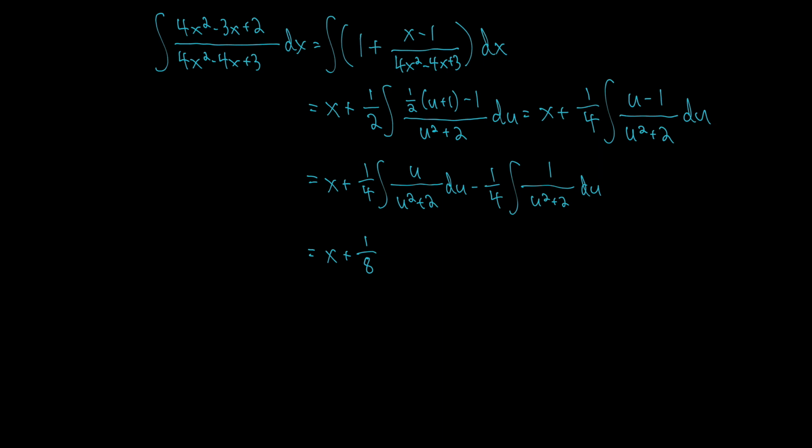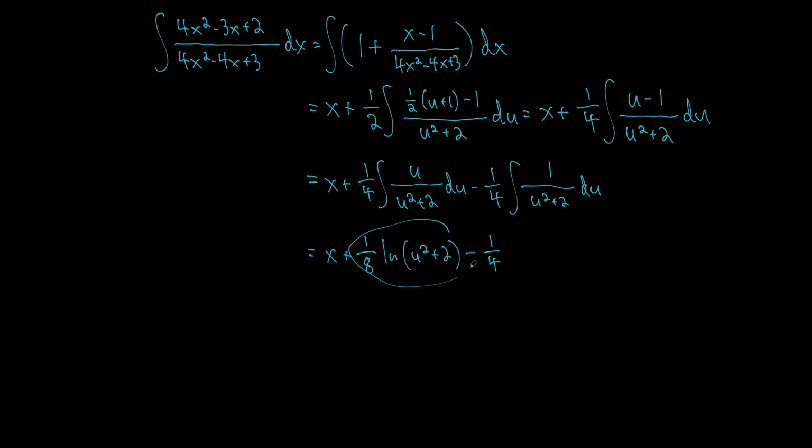For t equals u² + 2, the derivative dt would be 2u du. Solving for that, I get half. And I have the natural log of u² + 2. Again, I don't need the absolute value because u² + 2 is always positive.